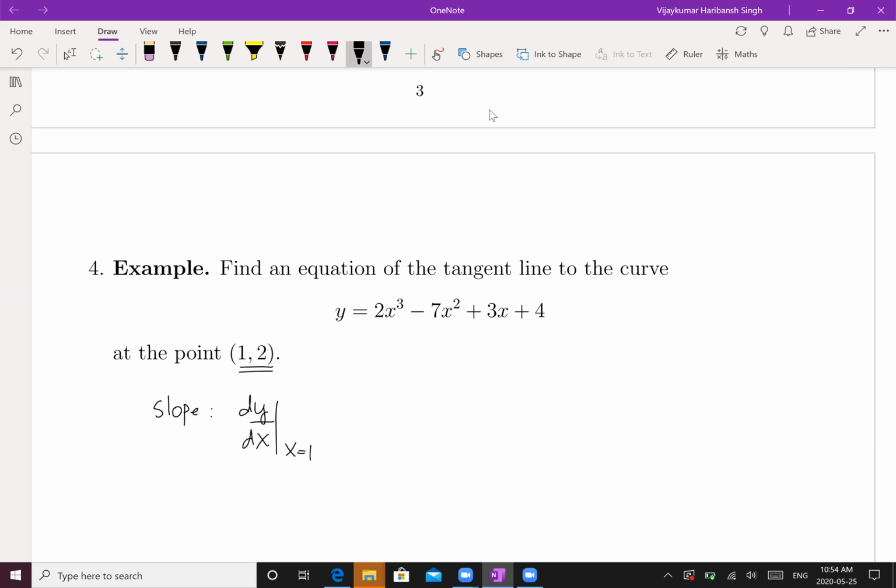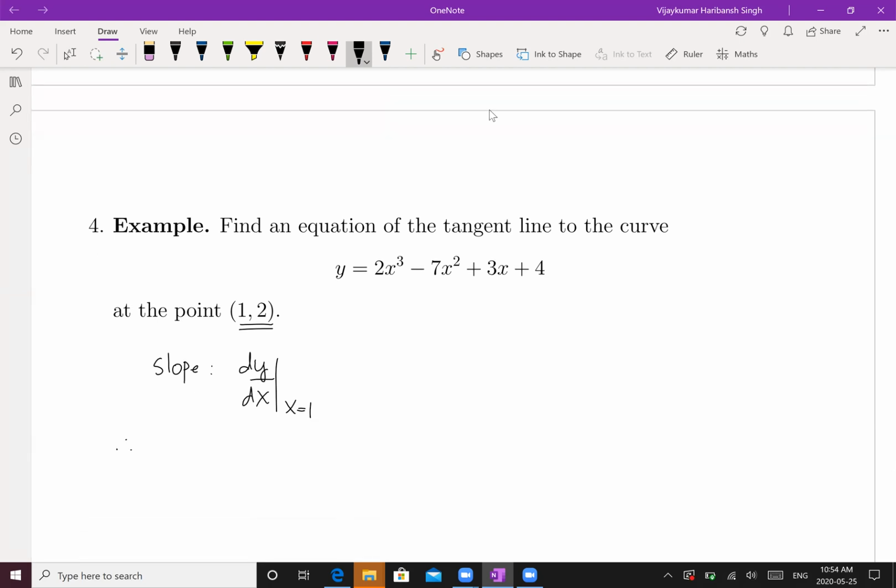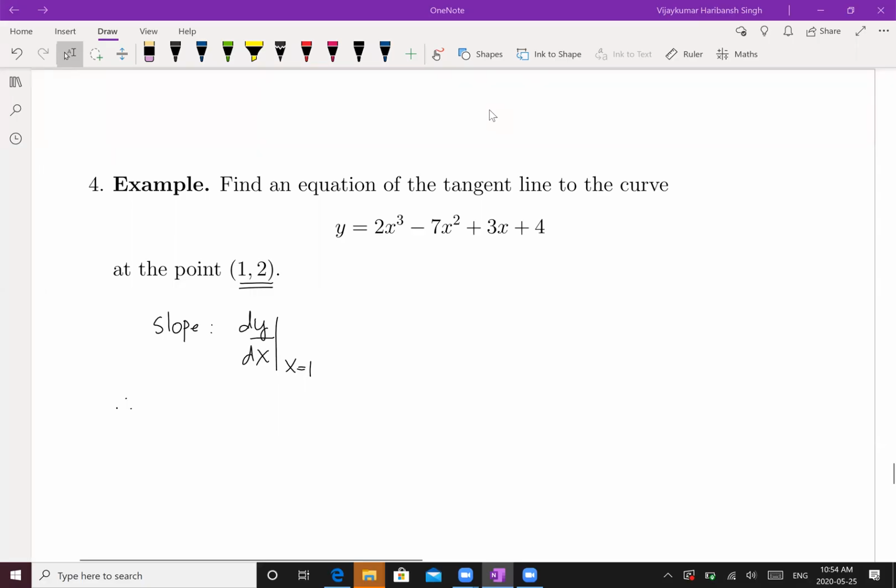So first compute dy by dx. So dy by dx at x equals 1 is your slope, your f prime 1, or m, whatever you want to call it.